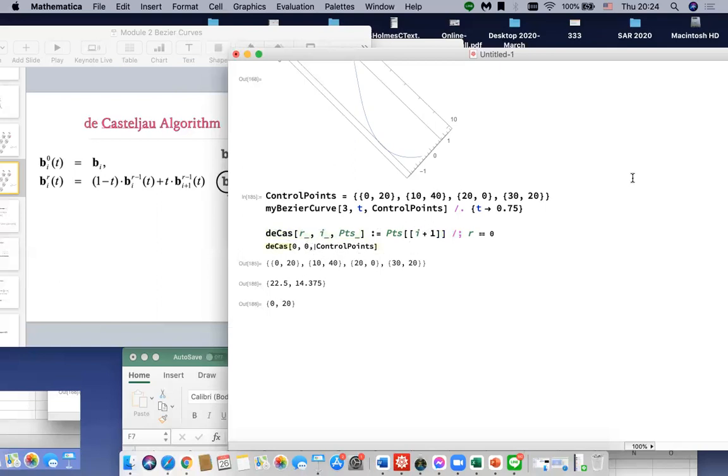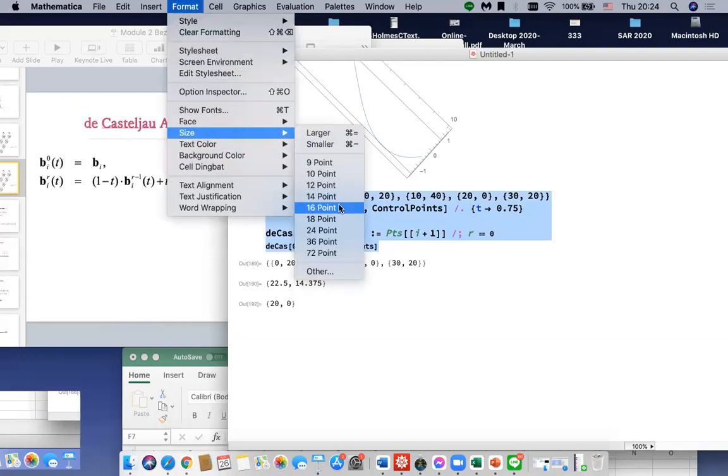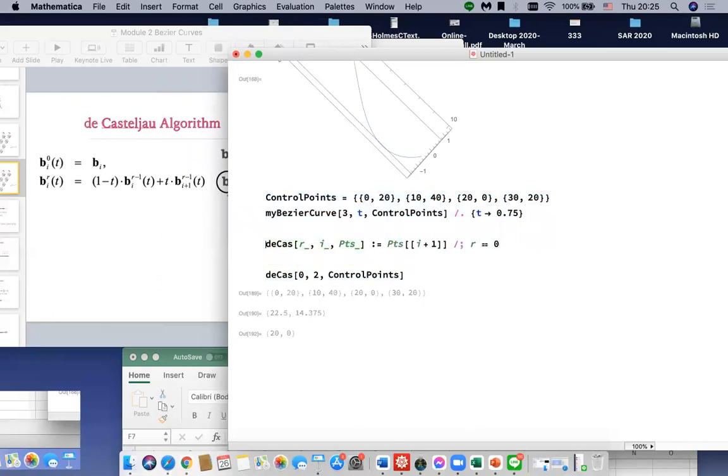Okay, if i is 2, so I can get this one. If i is not equal to 0, you can use the cast. Okay, copy.